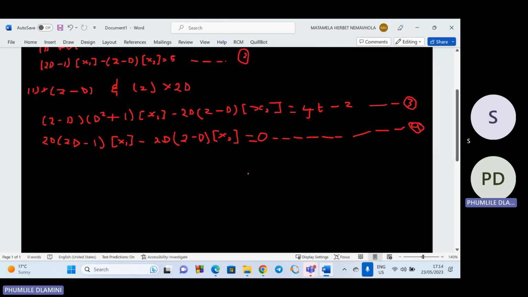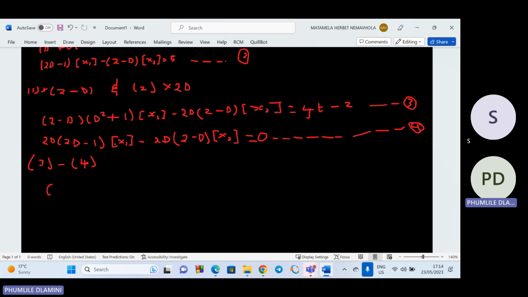So now we have equation 3 and equation 4. What we can do now is subtract: equation 3 minus equation 4. We are going to be left with this one.